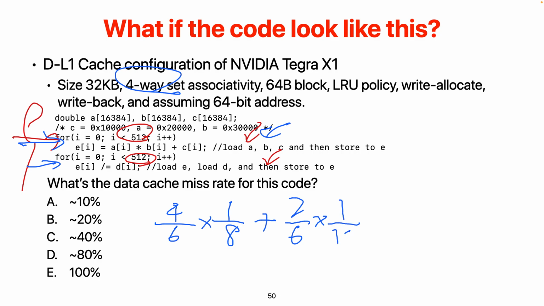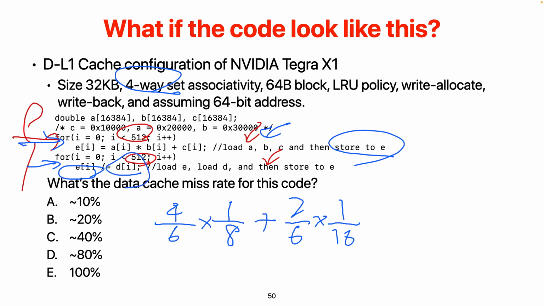1/16, right? Because this one is going to be in your cache, right? Because the last one we access is actually restored to E, so that must be the least recently used. You won't be kicked out, right?